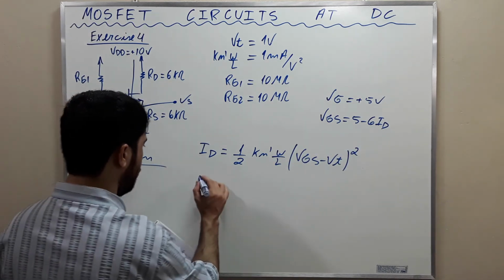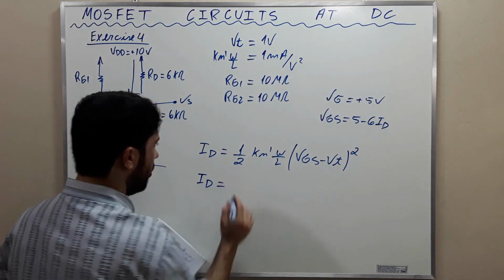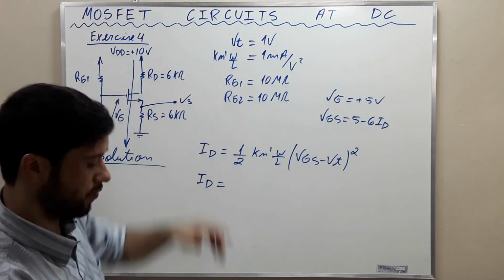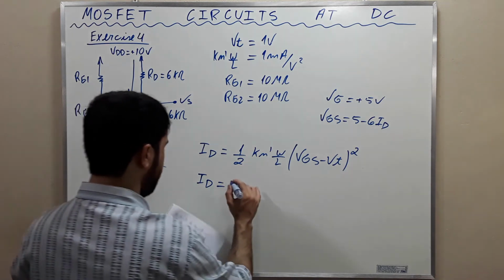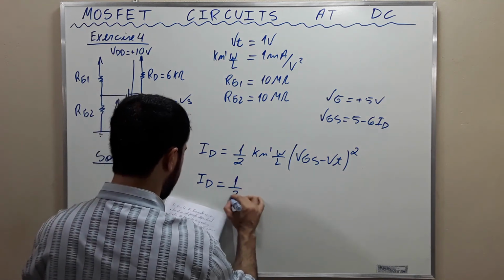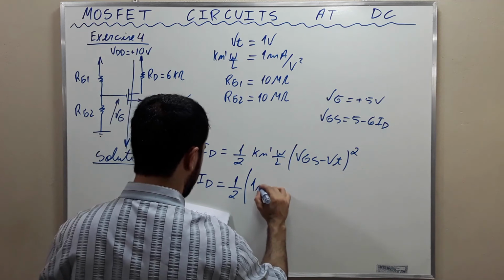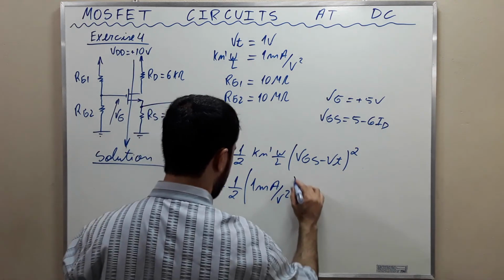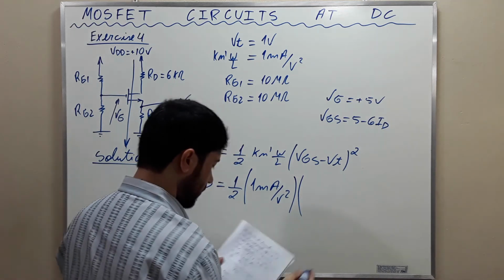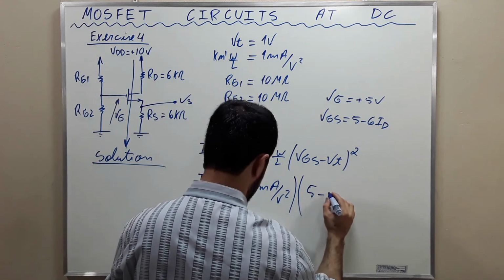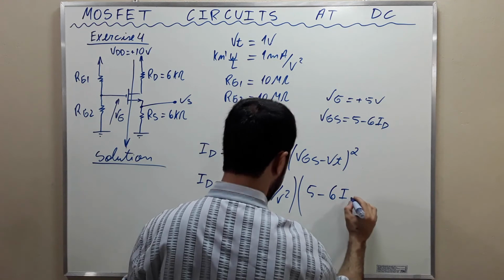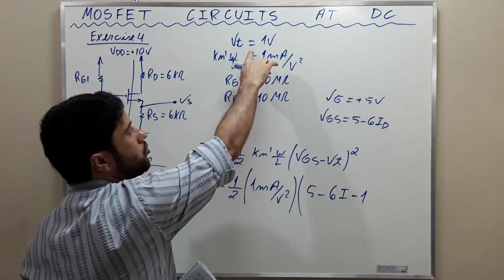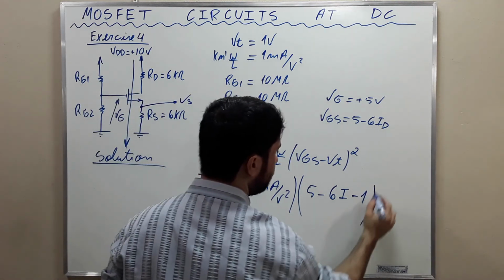We substitute the values the problem already gave us: a half of 1 milliampere per volt squared times (5 minus 6 times ID minus 1) squared. VT is equal to 1, and this is squared.